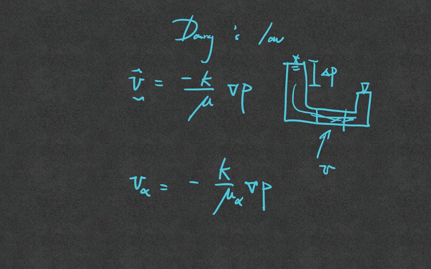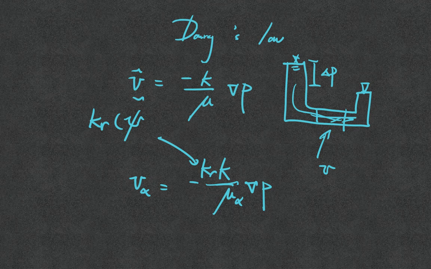It's not correct. K itself, in general, depends on the degree of saturation. Sometimes we call it K alpha, so K alpha is K times Kr. Kr is the relative permeability.